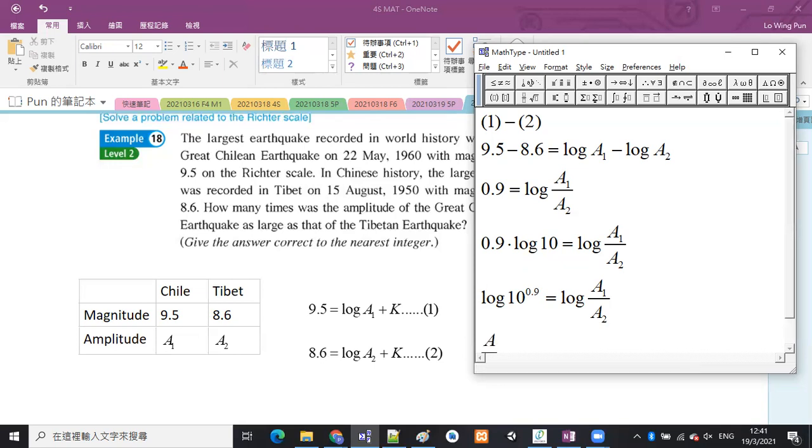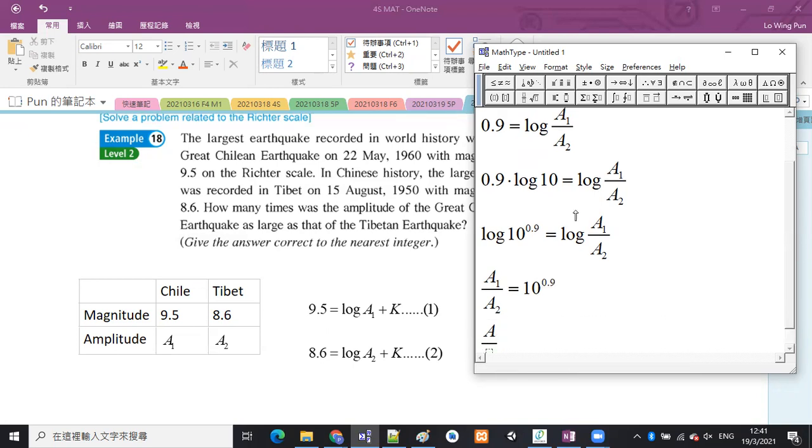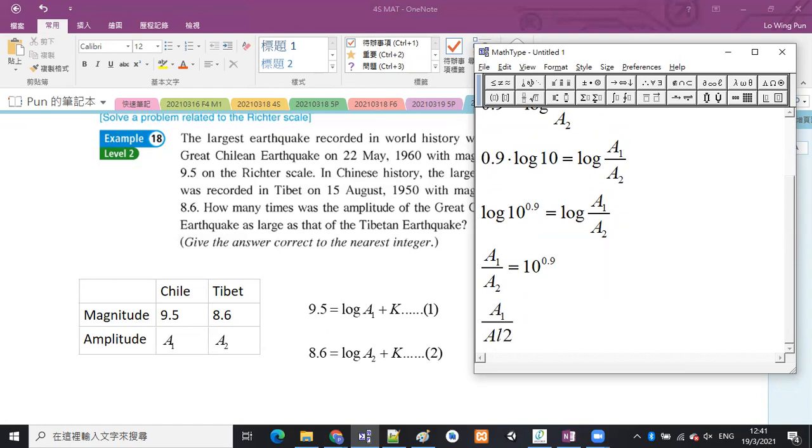So A1 over A2 is equal to 10 to the power 0.9. OK，咁呢一個就係我哋想揾嘅倍數嚟嘅。不過我哋唔會即係寫10嘅0.9倍咁樣。我哋撳一撳機，10嘅0.9係啲咩嚟嘅？咁就係8點幾嘅，係嘛？Okay, so A1 over A2 is equal to 8.